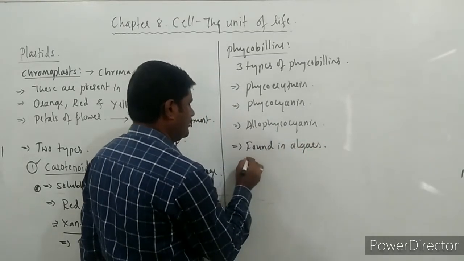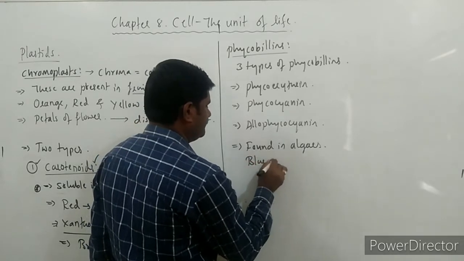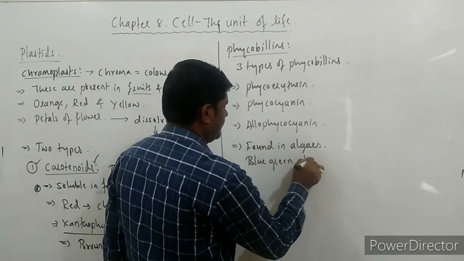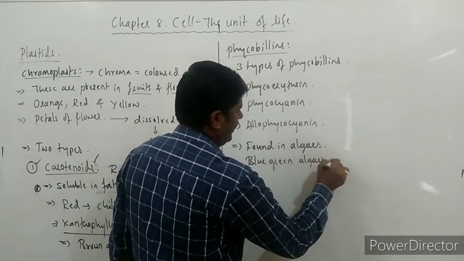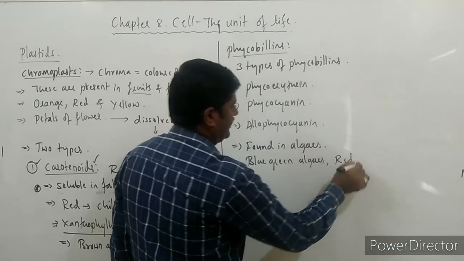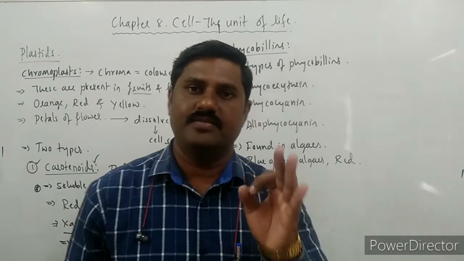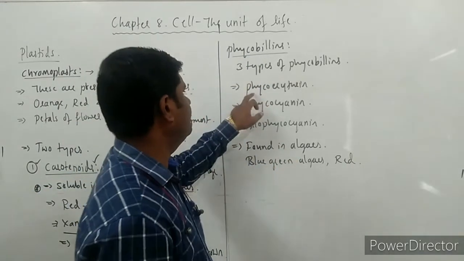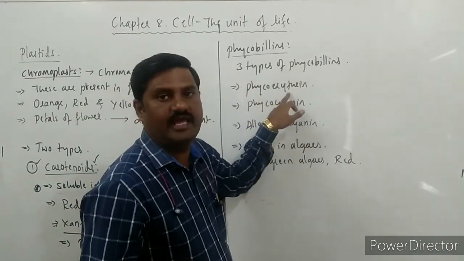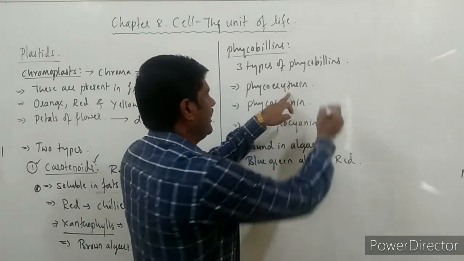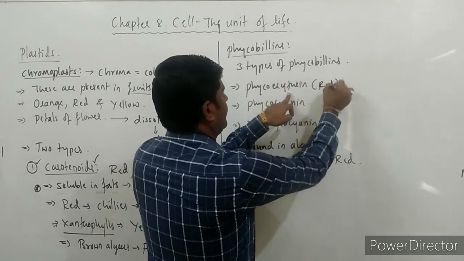They are found in algae like blue-green algae as well as red algae. Phycoerythrin, the name itself, erythra means red. It is the red colored pigment.